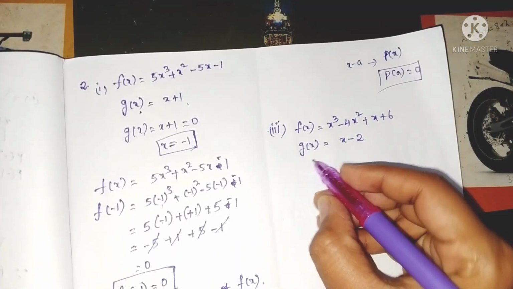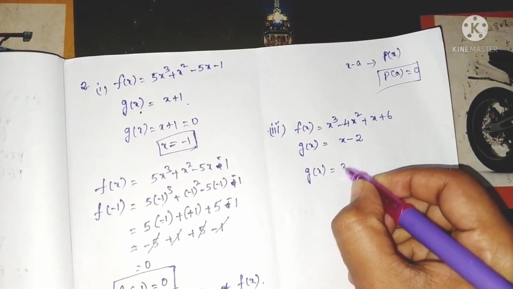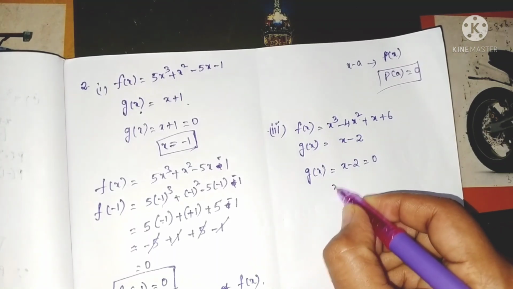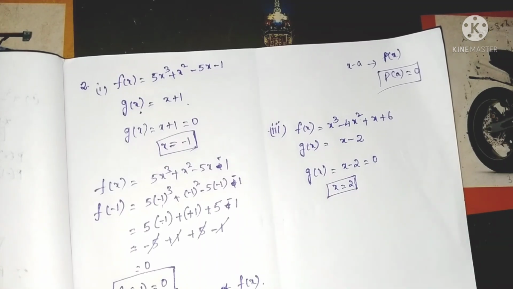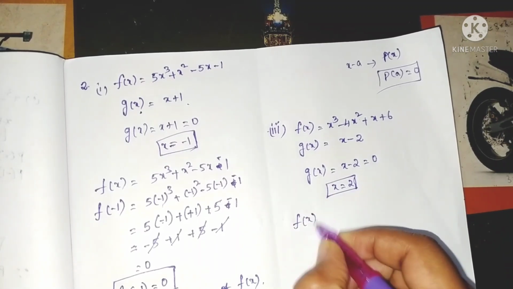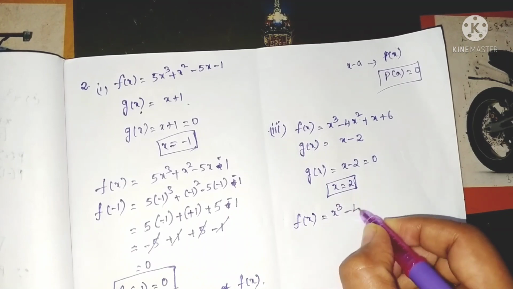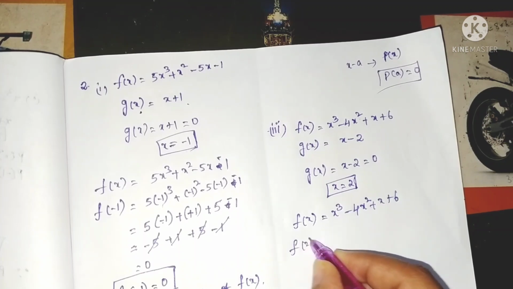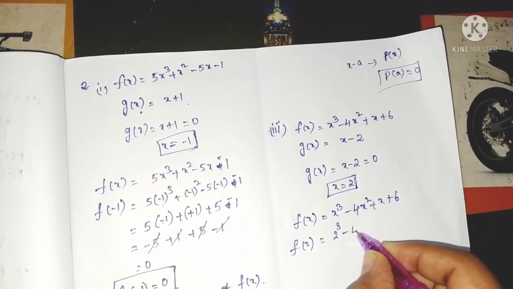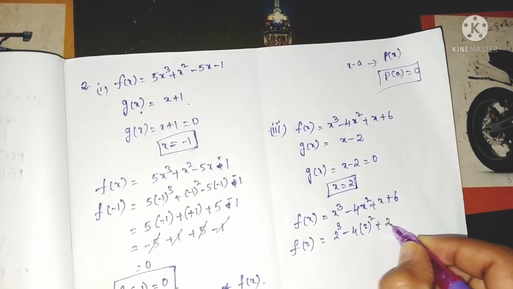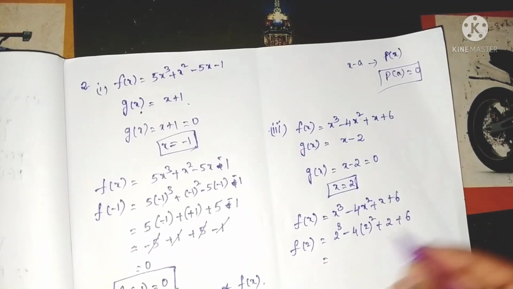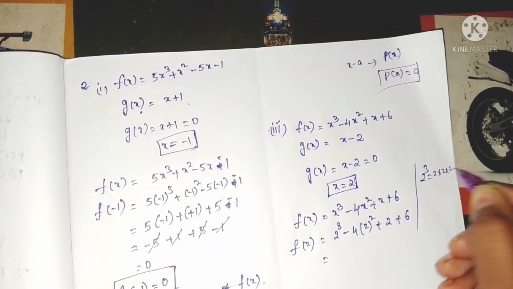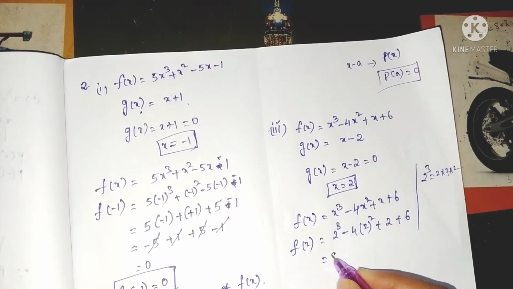Now the third one. So first of all we have to take g of x equal to 0. Then x value will be 2. So now we have to substitute 2 in the place of x. f of 2 is equal to 2 cube minus 4 into 2 square plus 2 plus 6. So 2 cube means we have to multiply 2 three times. 2 2s are 4, 4 2s are 8.